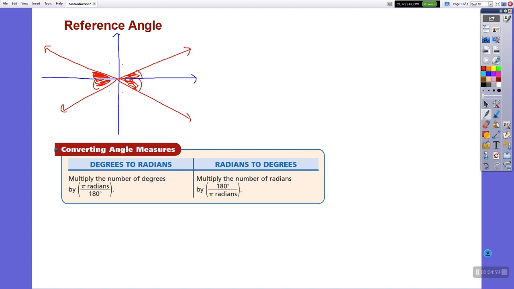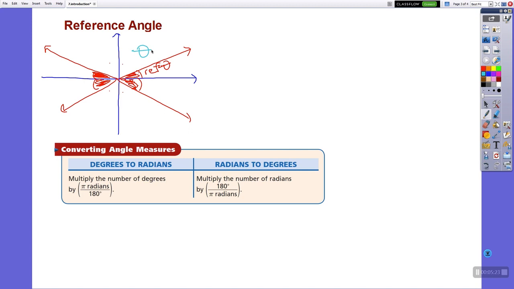For finding the original angle, let's say your reference angle is given as theta. How are you going to find your original angle? Let me write the formula for finding the original angle for each quadrant. In the first quadrant, your original angle is theta itself.